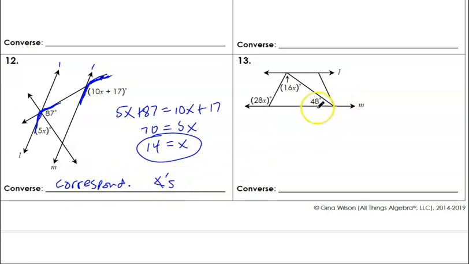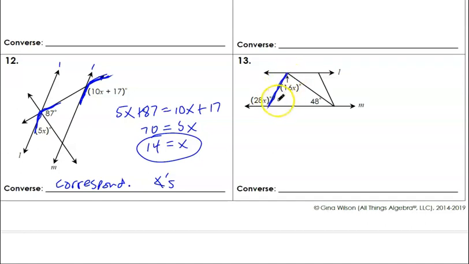Okay, over here, this one I thought was a little tricky at first, but we have L and M, and we actually have a couple of transversals, 3 as a matter of fact, but this one really doesn't come into play. So let's take a look first of all at this transversal.